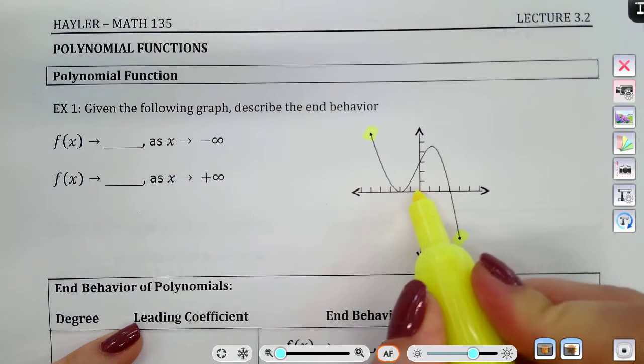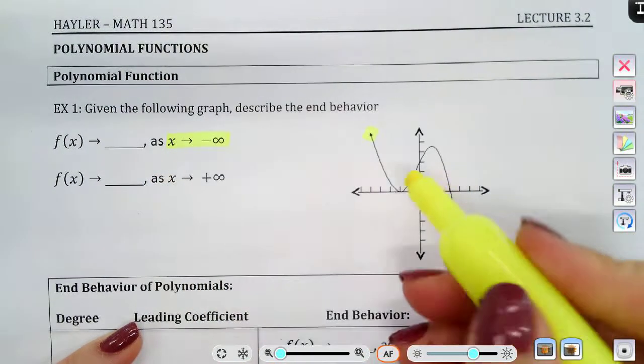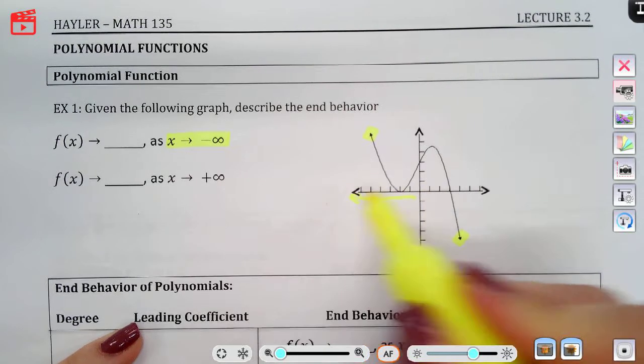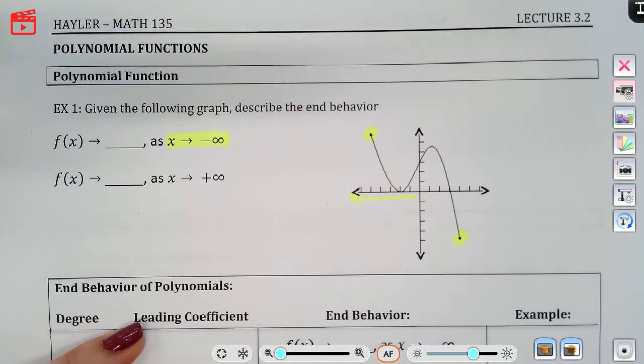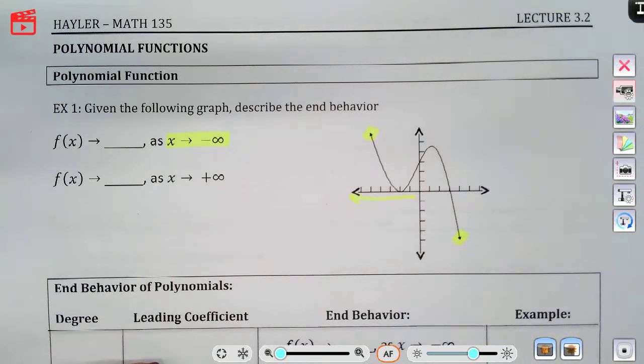One, and you'll see it right here, is we want to know as our x values slowly start heading towards negative infinity, what's happening to our y values? Are they also heading downwards towards negative infinity, or are they heading upwards towards positive infinity?